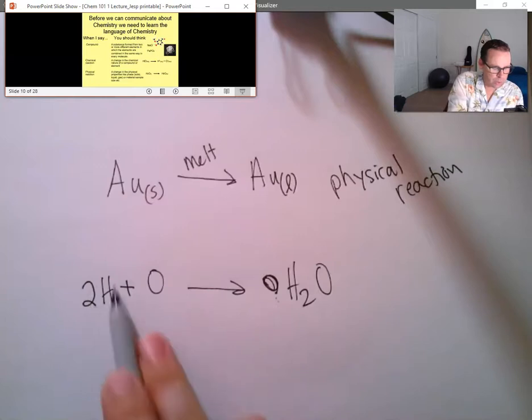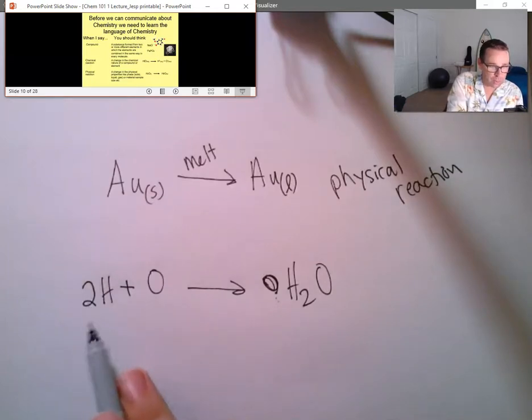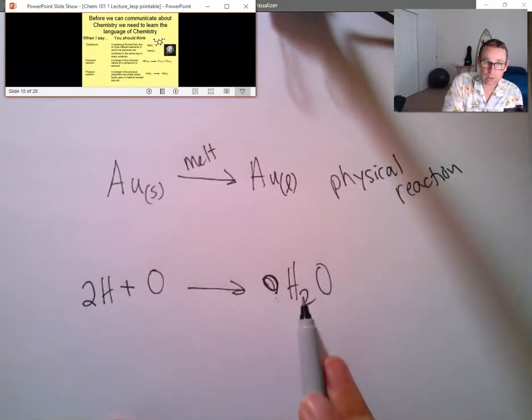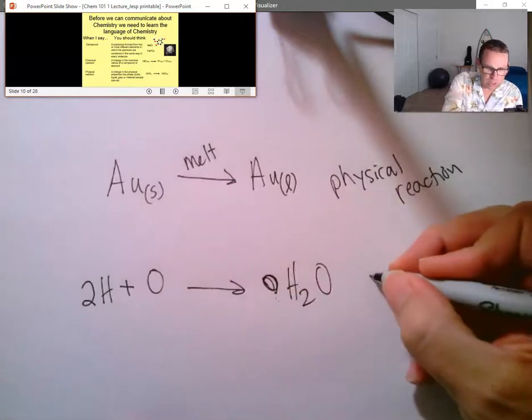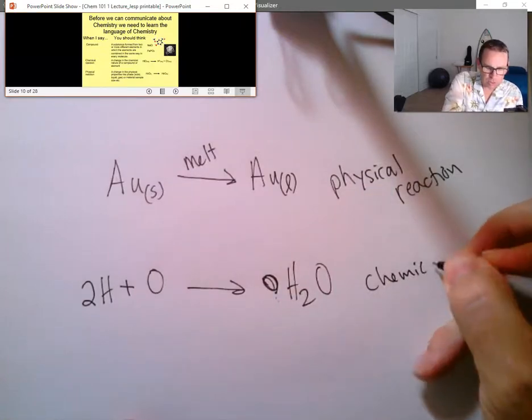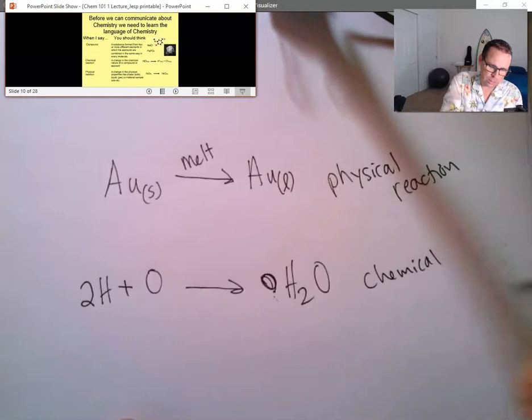Where'd you get them from? So we'll put a 2 in front of that one to say I got two hydrogen atoms, one oxygen atom. They come together in a new way. So this is not a melt. It's not a freeze or a boil. We're not doing a physical change. This is a chemical reaction.